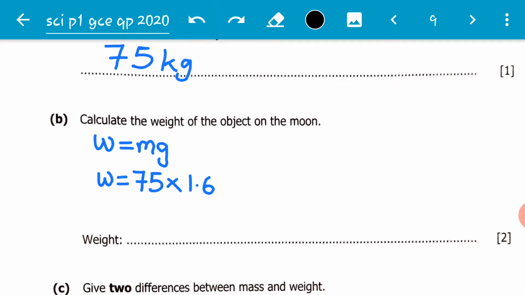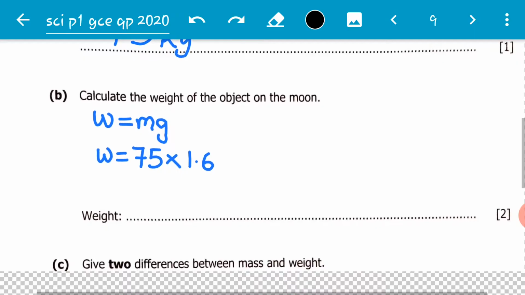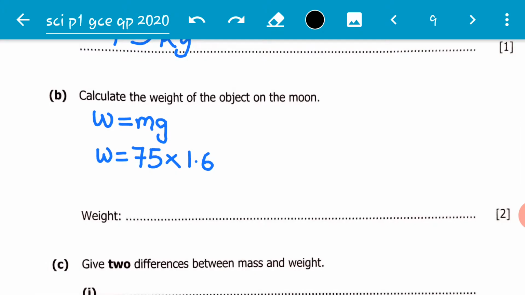So when we substitute, we have weight is equal to 75 times 1.6. Now 75 times 1.6 gives us 120. Remember, the unit for weight is newton, therefore it is going to be 120 newtons.